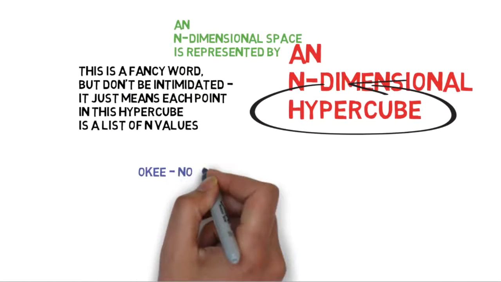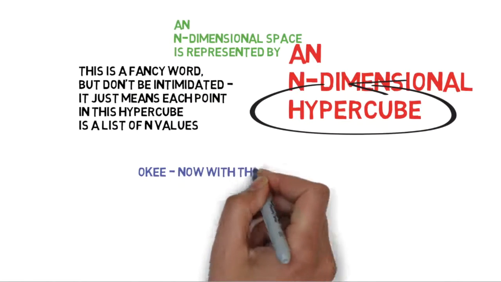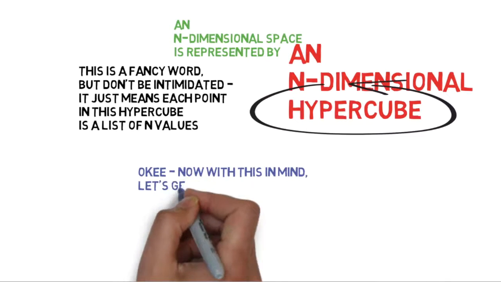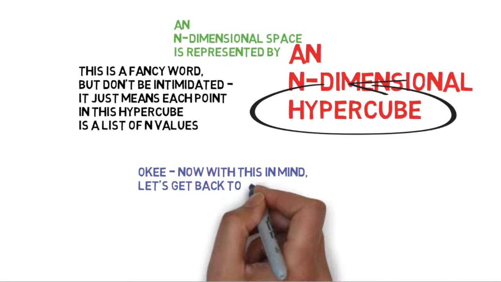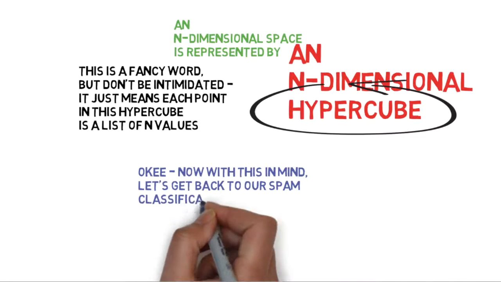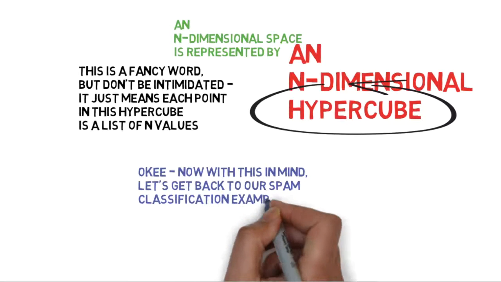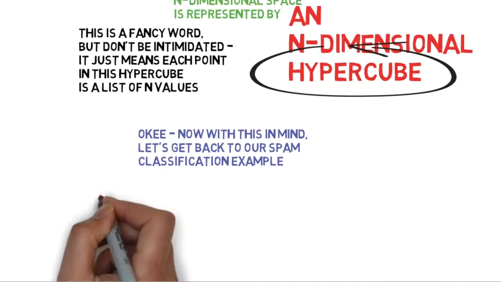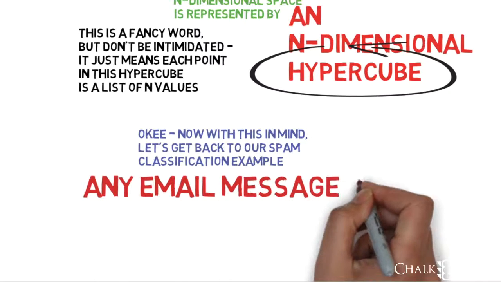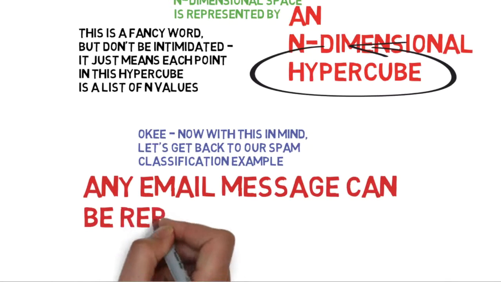Now, with this in mind, let's get back to our spam detection problem. So, why did we talk about shapes and spaces and n-dimensional hypercubes? The reason is that we'll represent each email as a point in an n-dimensional hypercube.